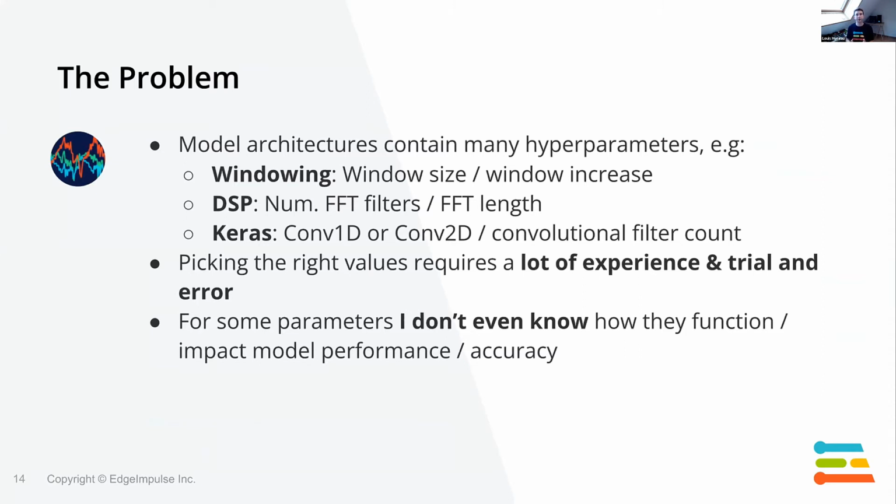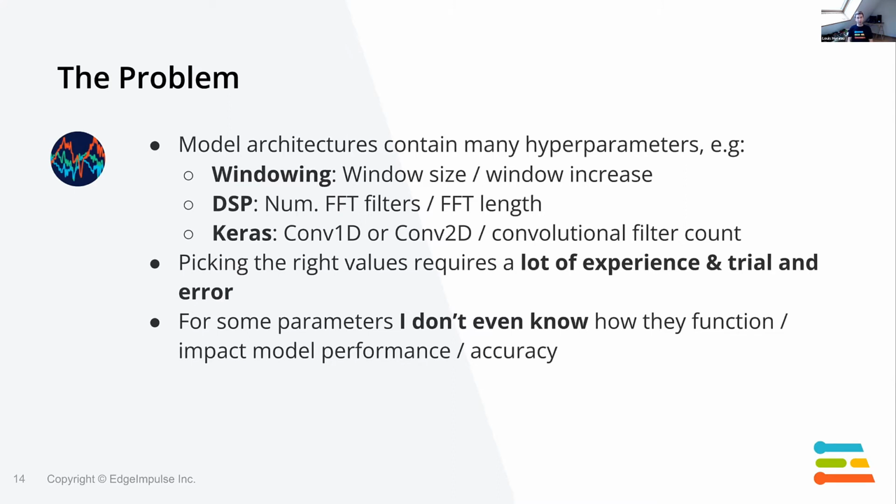Model architecture contains many hyperparameters that we have seen, whether it's the windowing, so the window size versus window increase, the DSP, so the number of fast Fourier transform filters, the FFT length, the frame strides, etc. But we have also other kinds of DSP parameters, such as spectral analysis when you want to recognize movements. And then in the Keras neural network part, this can be really complex as well.